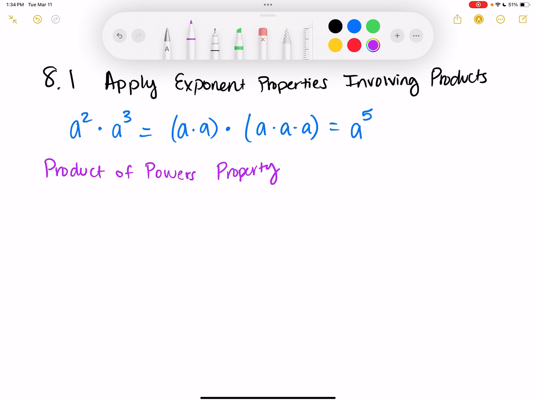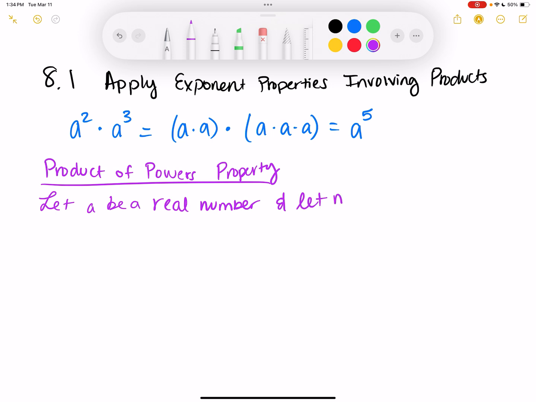So, let a be a real number. It can be any number, it doesn't matter. And let m and n be positive integers.